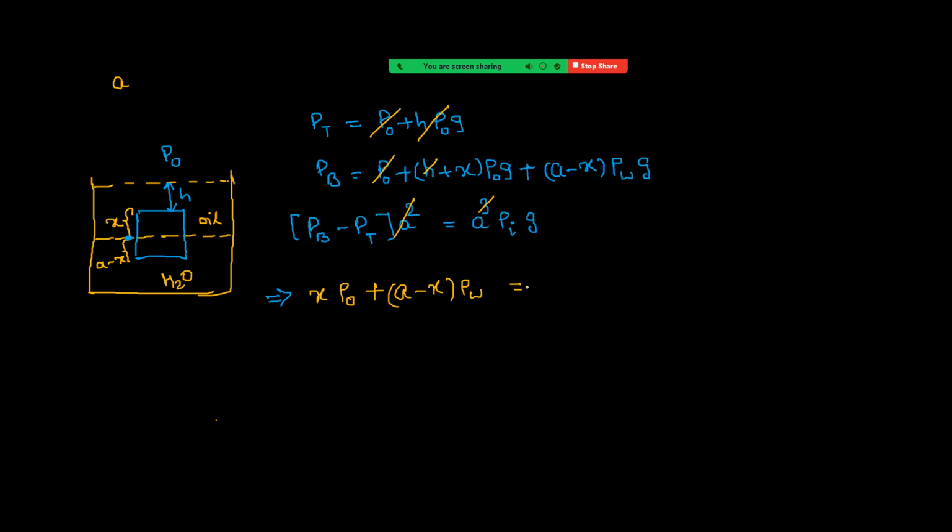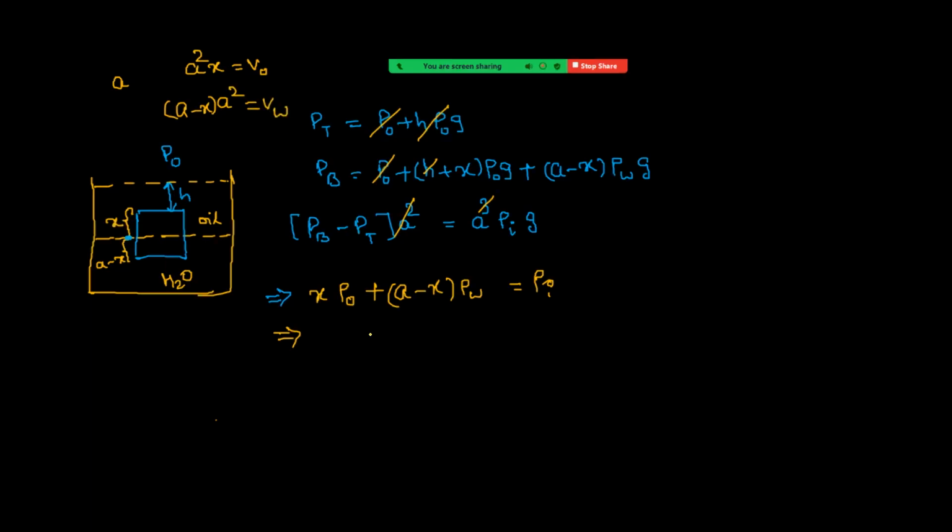See, the density of ice is given. Now it is just substituting values, because here we want the ratio of the volumes. The volume in oil is equal to A square into X, and coming to water, A minus X into A square gives the volume in water.